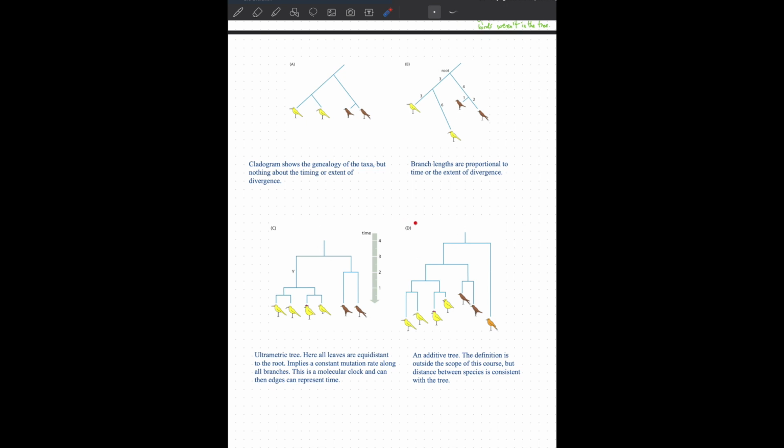A bit less restrictive and more common is the additive tree. And I don't really think that we need to have a definition of that. The distance from the root to the leaf can vary across your species, which actually makes sense because, of course, there may be different rates of evolution in the yellow birds versus the orange bird because they live in different environments. It can be all sorts of things, where for some reason there's more accepted mutations over here because the environment is more forgiving than over here.